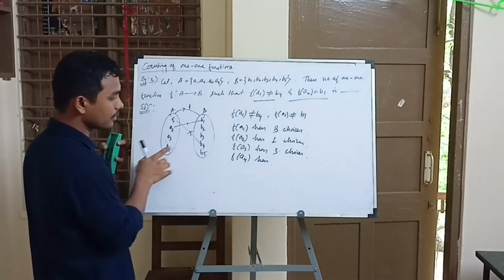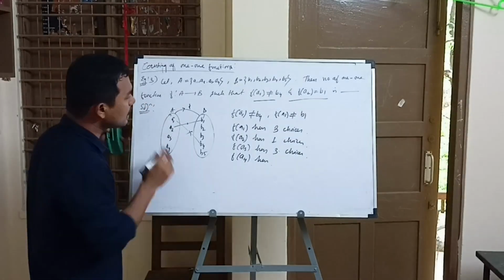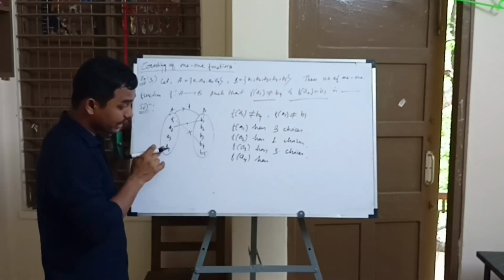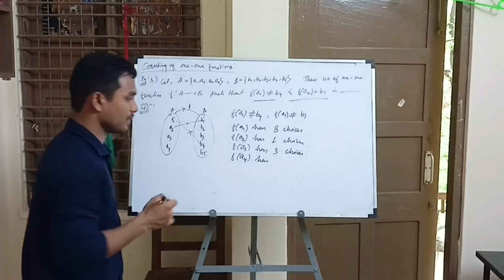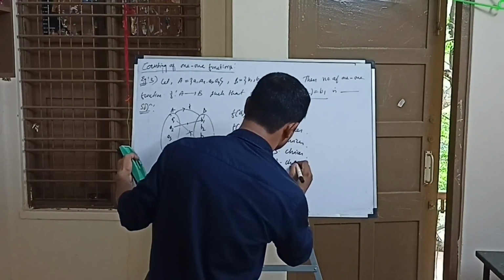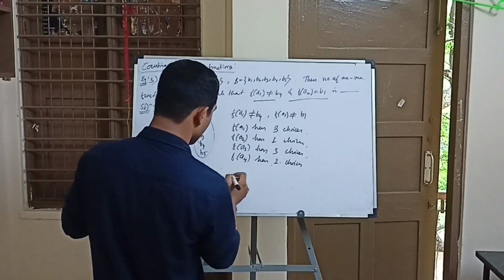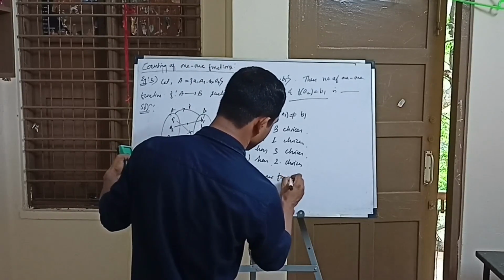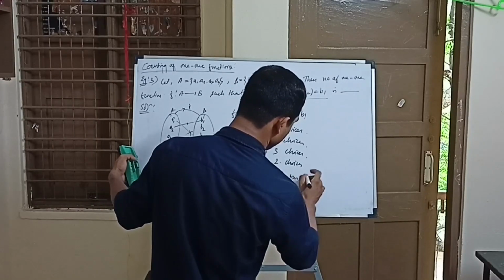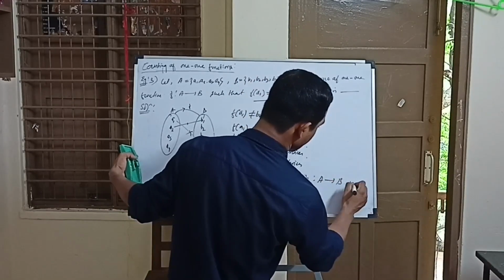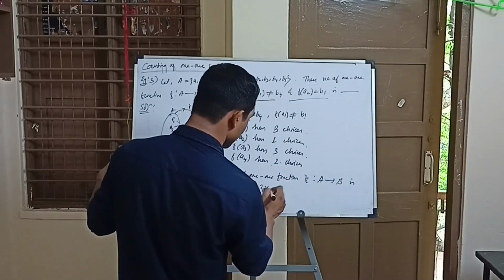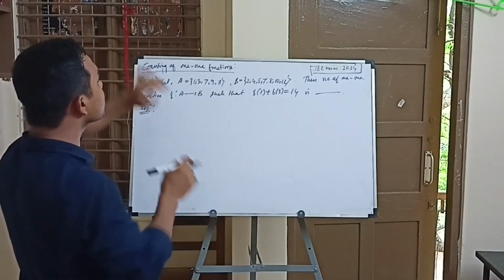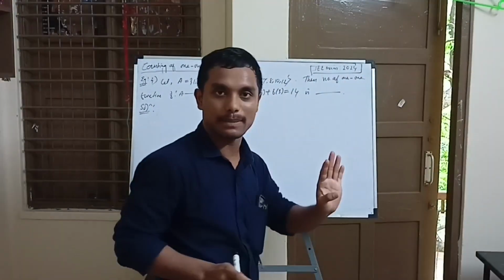F of A4 has 2 choices. If f of A1 is B2 and f of A3 is B3, then f of A4 has 2 choices, B4 and B5, correct? The number of 1-1 functions from A to B is 3 into 1 into 3 into 2, which is 18.